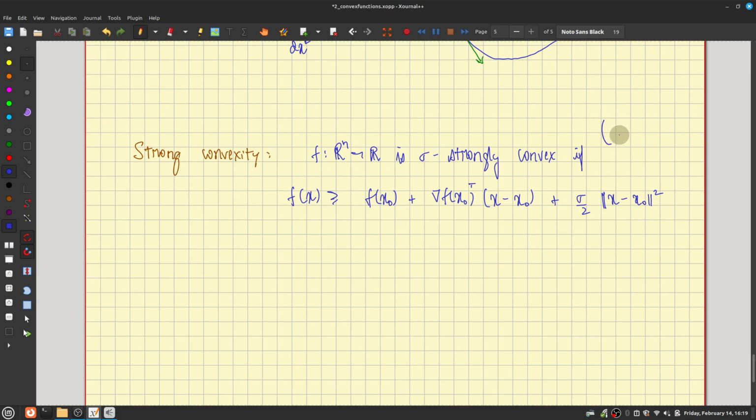And here we're assuming that sigma is some parameter which is strictly greater than 0.